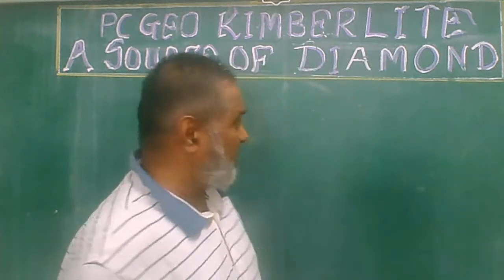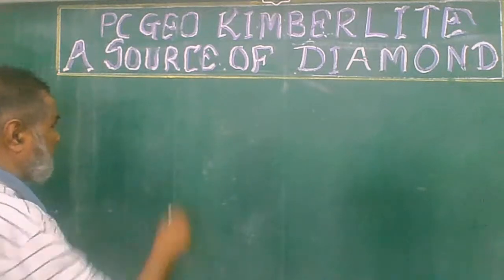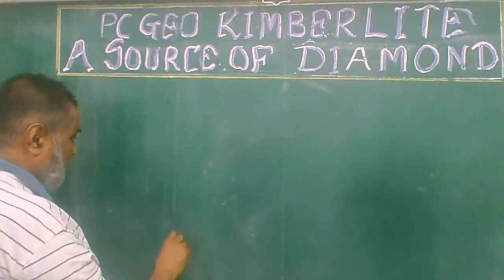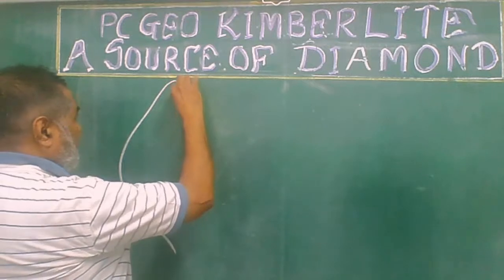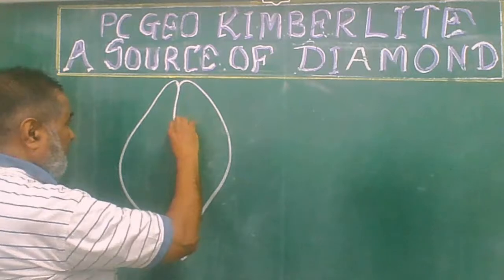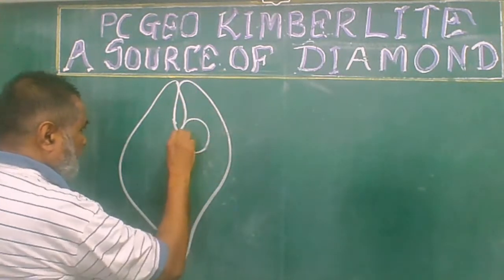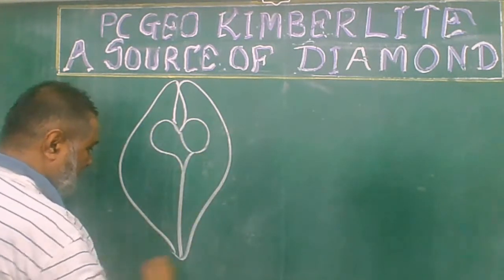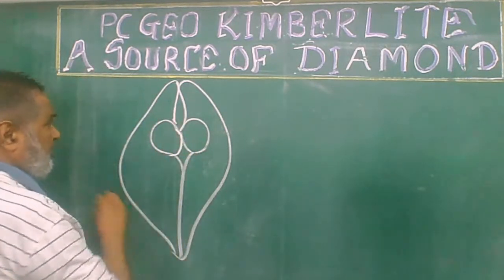Now we will draw the diagrams which will be required, because we have to explain various terms. So you have to roughly draw the sketch, and then here in this diagram I have just made the rough diagram.